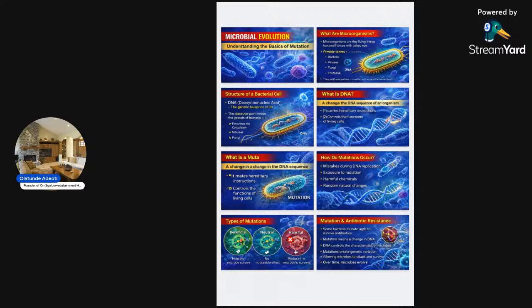It can take animals up to 15, 17, 20 years before they reach reproductive age. But microorganisms continue to reproduce, like E. coli, which reproduces every 20 minutes. The same goes for other organisms like that.